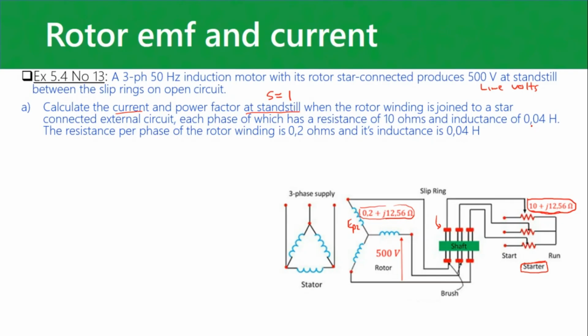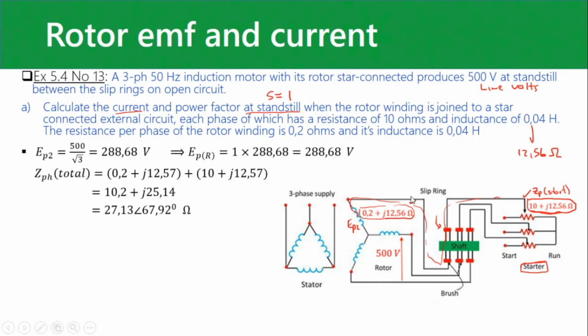So this 0.04, I've already calculated, is 12.56 ohms with our 2 pi FL. All right. So now all you do is take this phase impedance over here, this one over the starter, and per phase, you just add this one to that one, because if you follow this line, you'll see it's in series with it in that circuit.